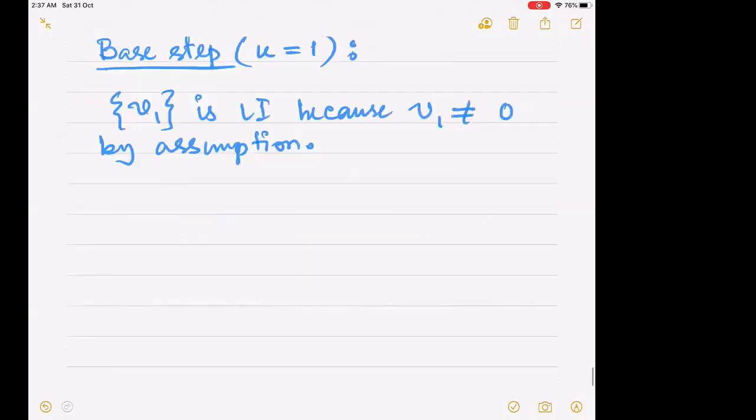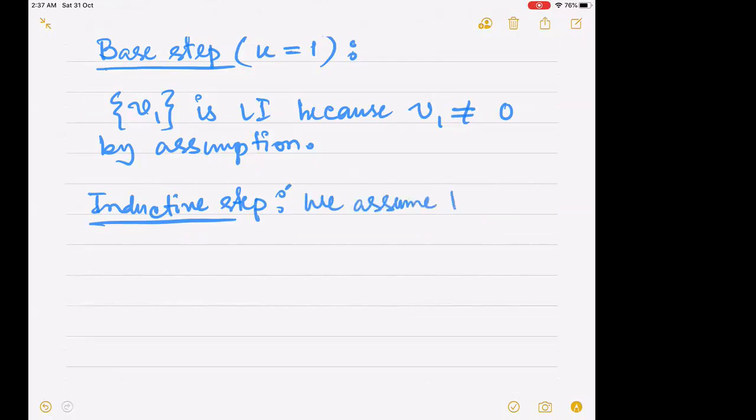Now the inductive step. We assume the truth of the statement for k.